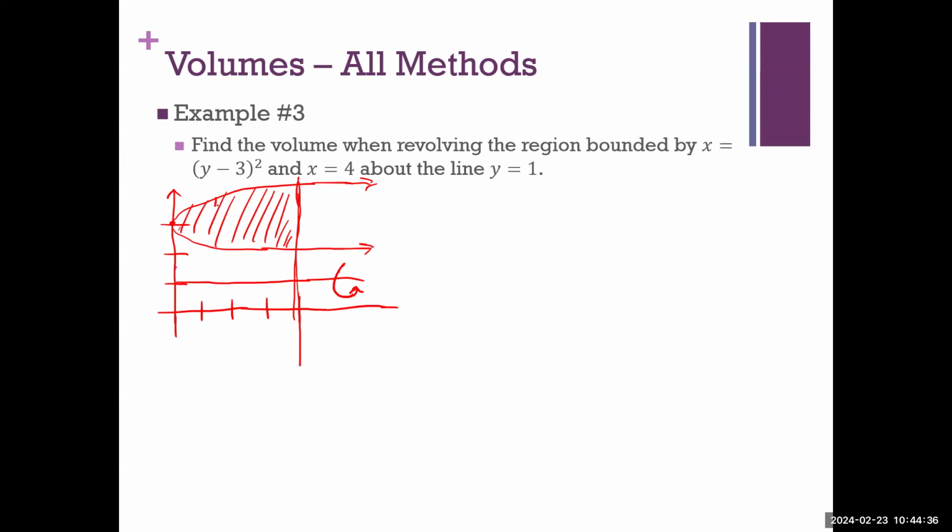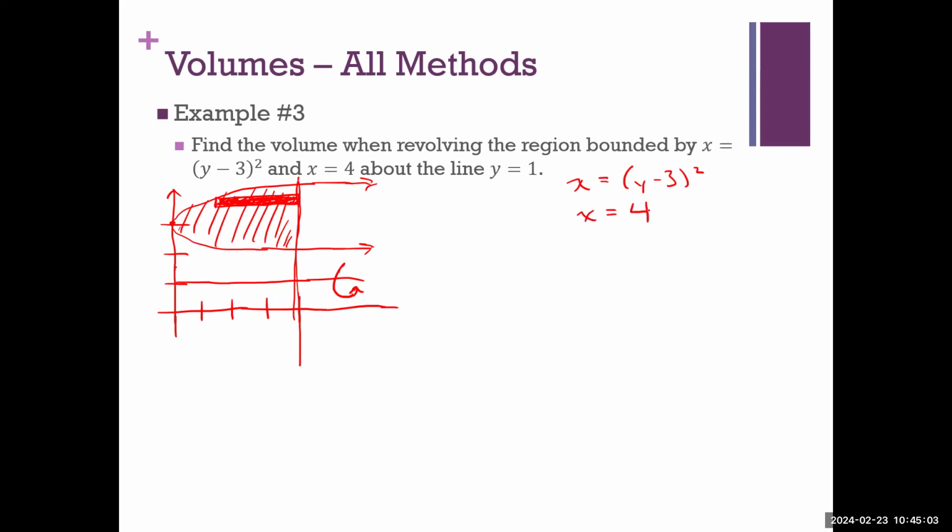Okay, so basically the same reasoning we used for the last one. Let's just write down the functions or the equations that bound this area. I believe they are x equals (y minus 3) squared and x equals 4, right?